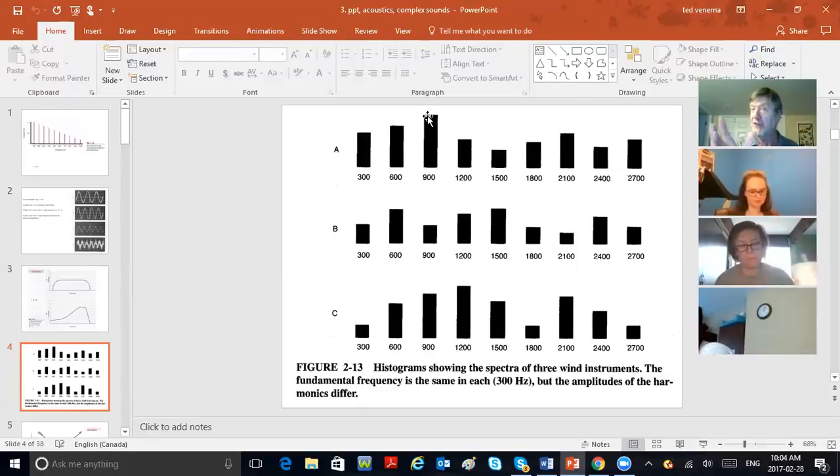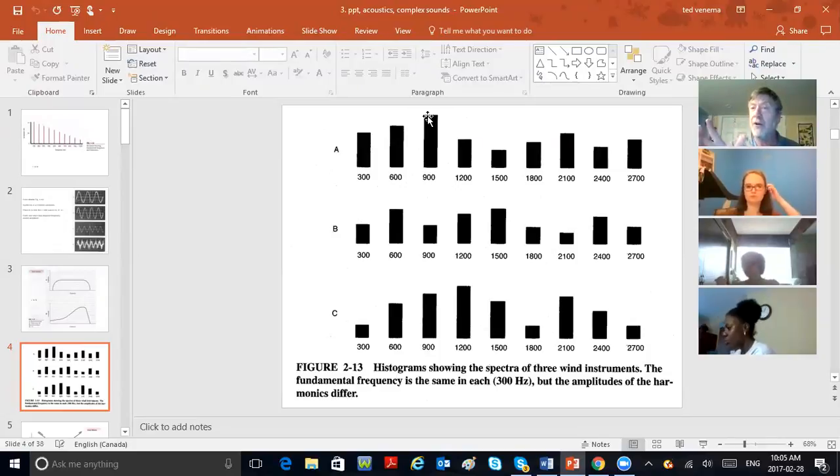It likes 900 hertz. Think of it like a wine glass at Christmas. Take a different size wine glass and do the same thing. Take a different wine glass, do the same thing. They're going to have different resonances. And that's why different instruments sound different.